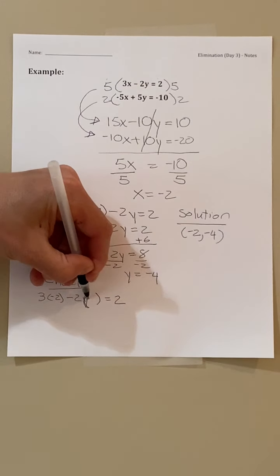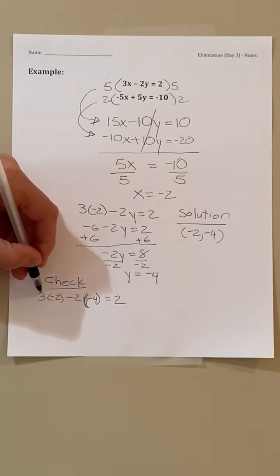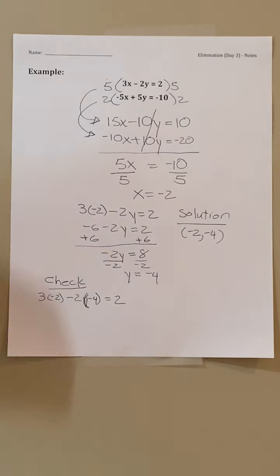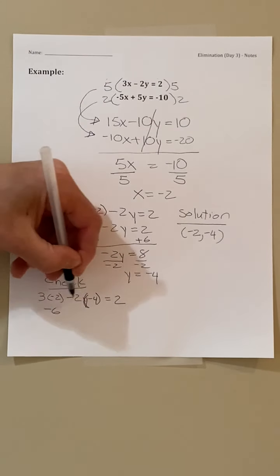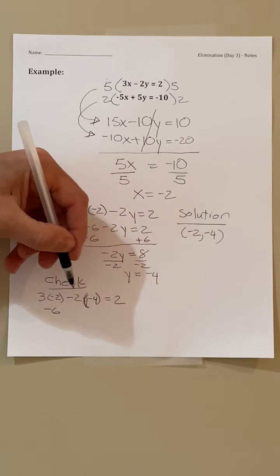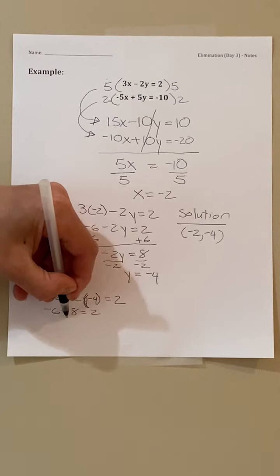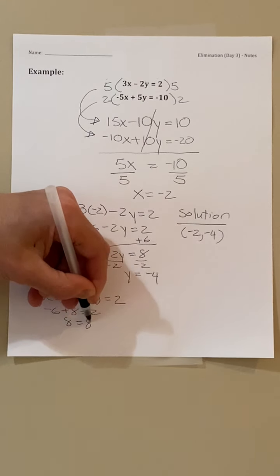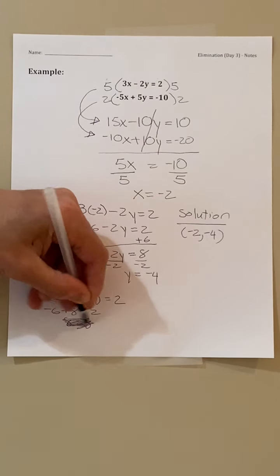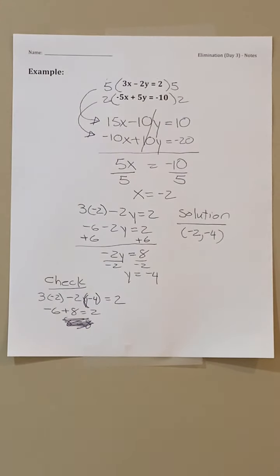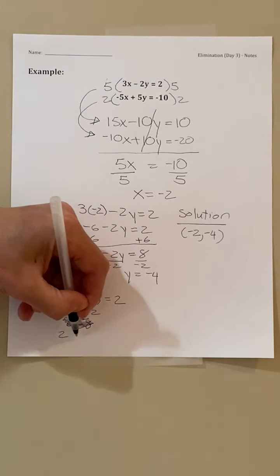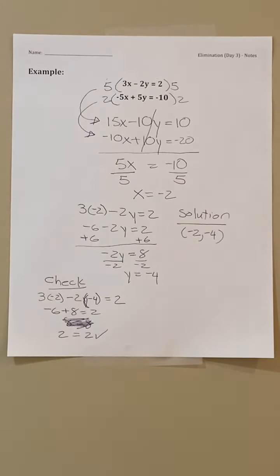Negative 2, negative 4. 3 times negative 2 gives me negative 6. Negative 2 times negative 4 gives me positive 8. I get negative 6 plus 8 gives me 2. It's equal to 2. Sorry about the little mistake there, but this equation does check. I get 2 equals 2.